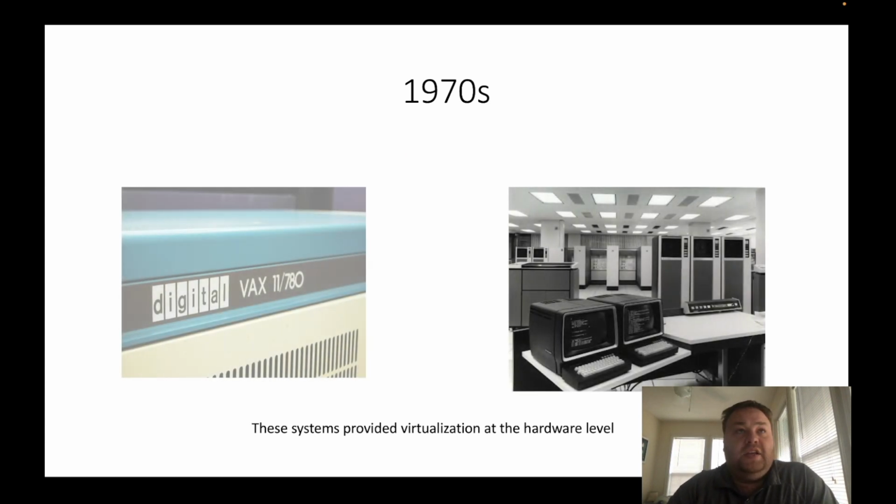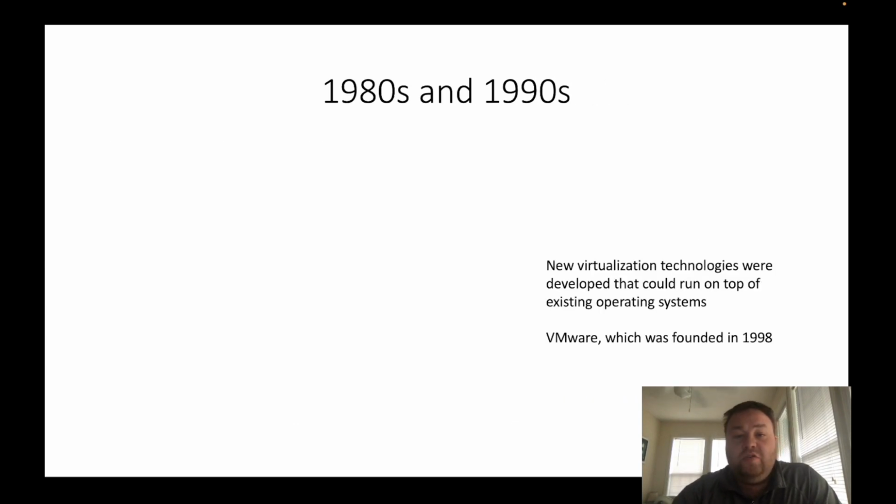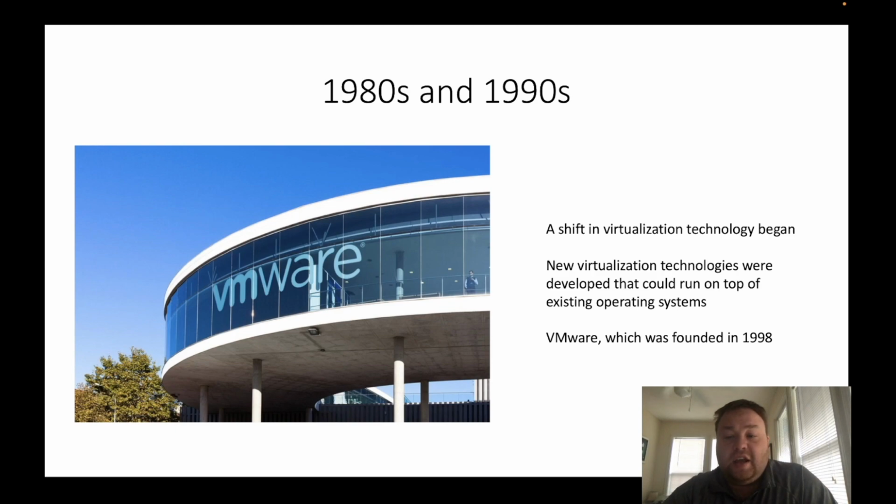Now, in the 1970s, a couple more competitors came to market, and both of these were also done at the hardware level. So now we move to the 1980s and the 1990s.